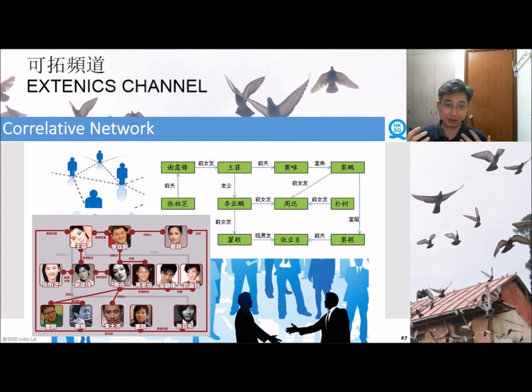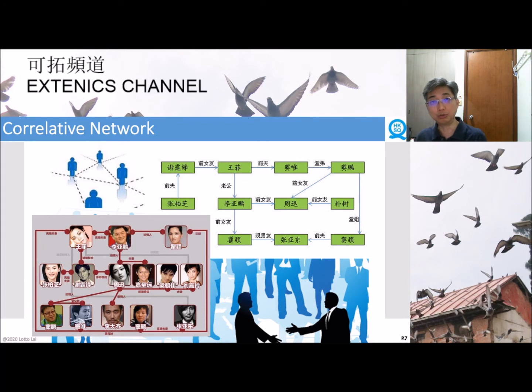Different superstars have different relationships, boyfriend or girlfriend, so it is very complex. We can use the correlative network to represent it and realize that changing one changes another.